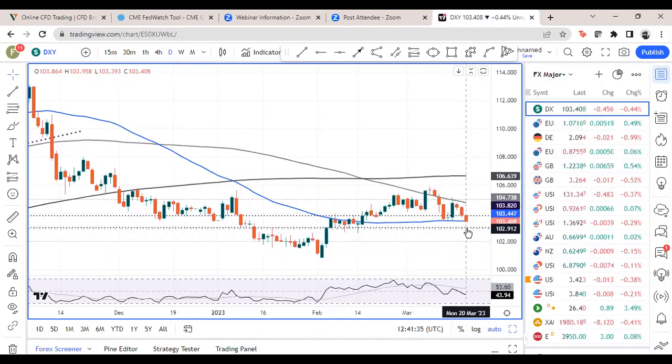We've got 102.99, the pandemic spike high, which held prices in February, so that could act as support. Otherwise the push higher is possibly capped by the 100-day moving average at 104.73, the light grey line there.